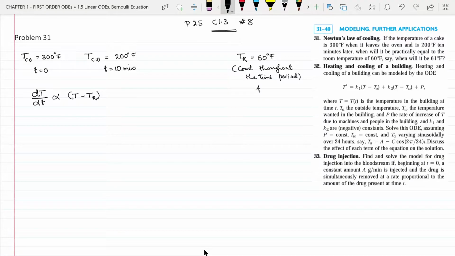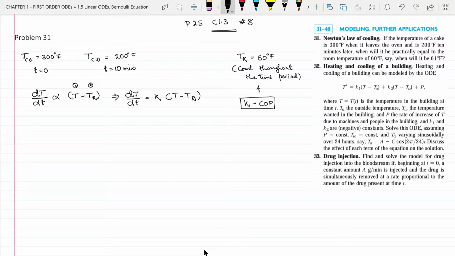To make it an equation, we can write dT by dt equal to k times (T minus Tr), where k is the constant of proportionality.